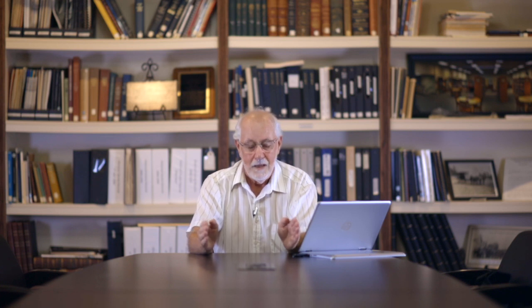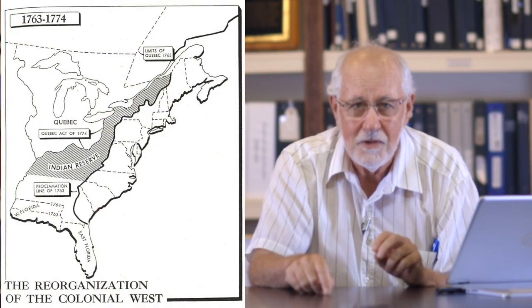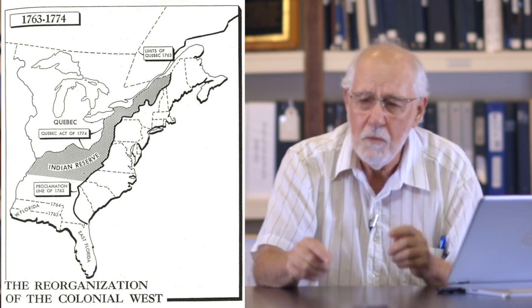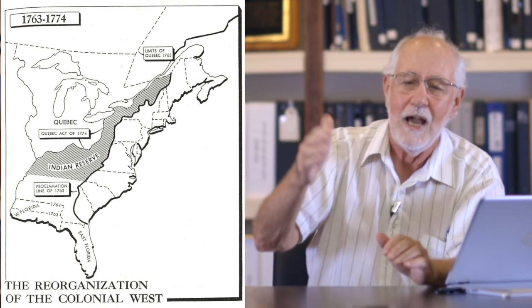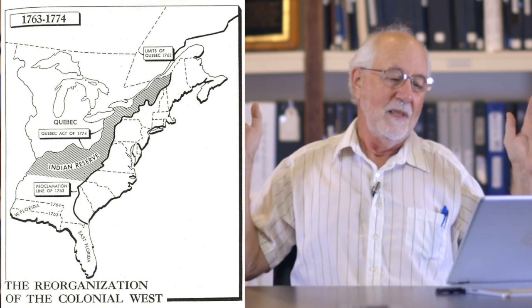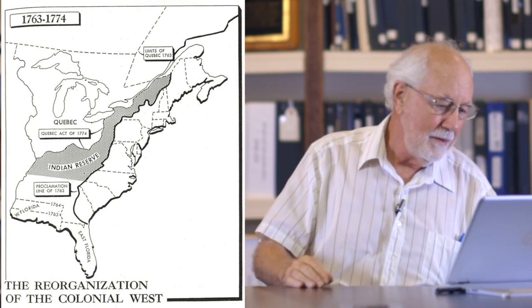The British expel the French, and then in 1763, just months after the peace treaty signed, the English king draws a line across the top of the mountains called the Proclamation Line of 1763, reestablishing the old frontier between the English and the French and saying to the colonists, you can't go past that line. Now, the colonists, again, they're settlers. It's a settler society.